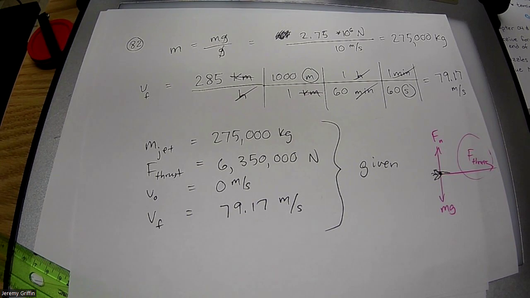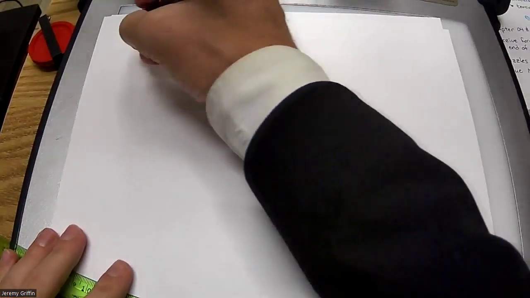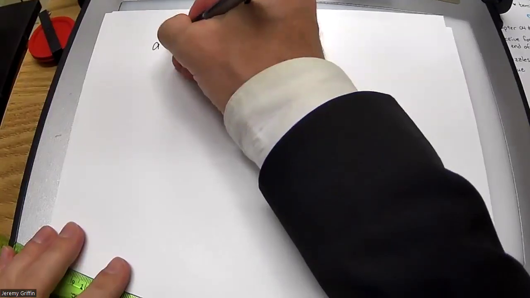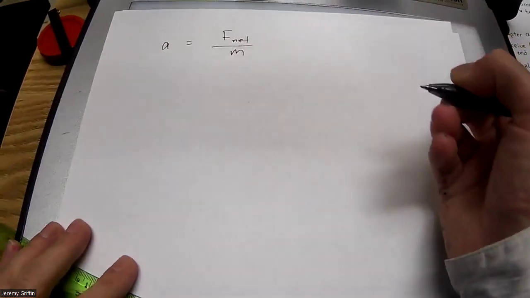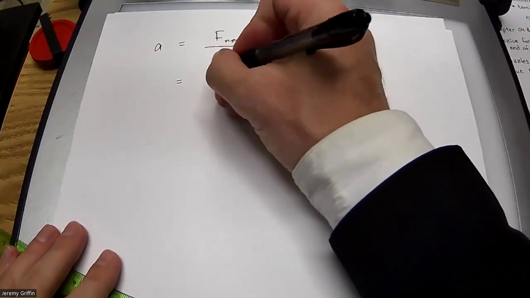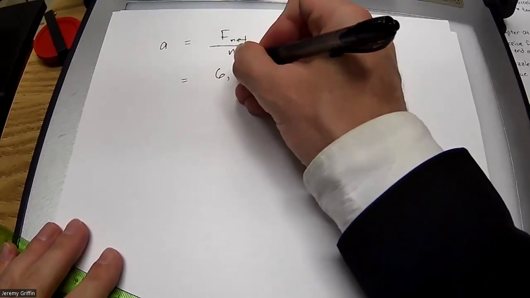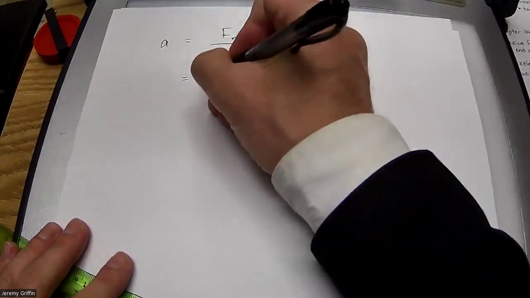All right. So, guys, what's the next equation I'm going to write right here? What's the next equation? Newton's second law of motion. There's Newton's second law. Okay. What goes in for the thrust force? 6 million something newtons. There's the thrust force from the engines.